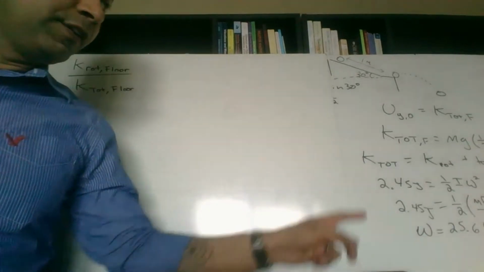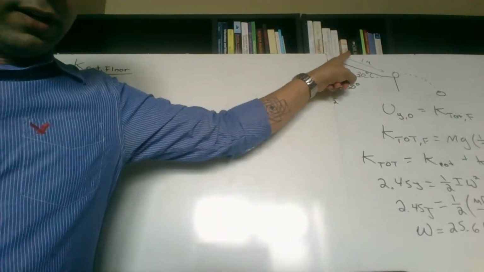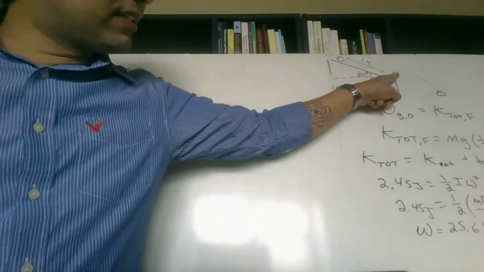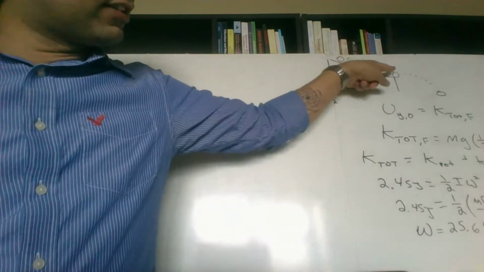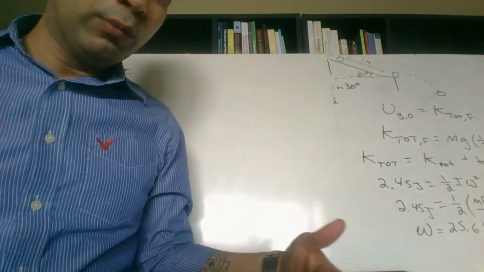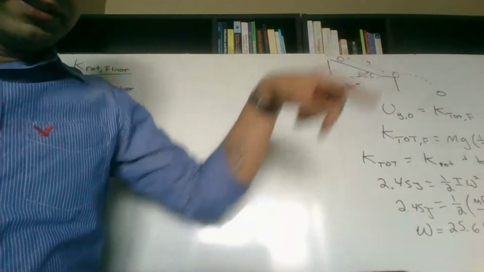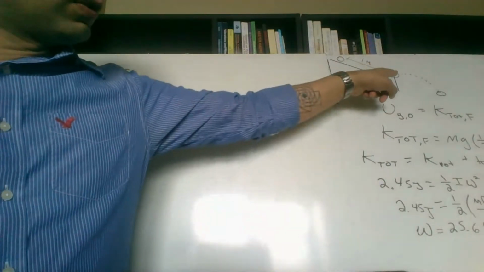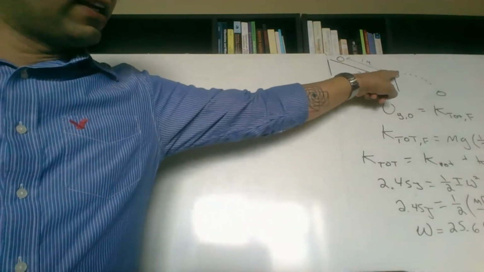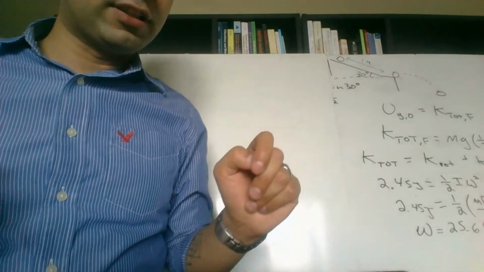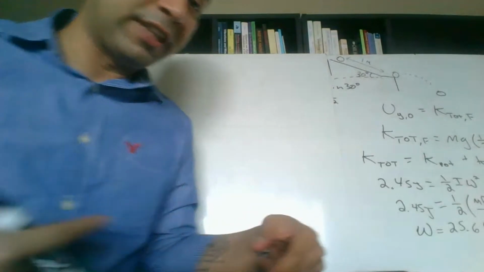Now, if you look here, as long as it's on an inclined surface, it's going to rotate. But then once it leaves the inclined surface, it's no longer going to pick up any more rotational speed. There's no friction here that's going to allow it to spin faster or slower. So whatever the rotational kinetic energy here is, is still going to be the rotational kinetic energy at the bottom. There's no surface for it to rotate faster.